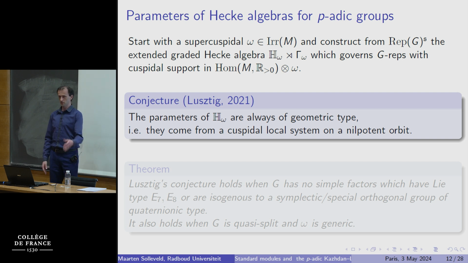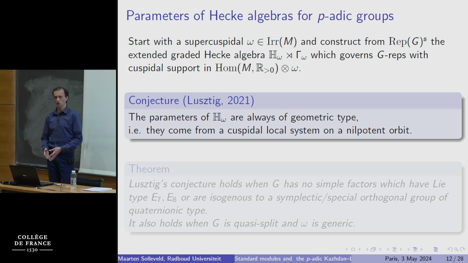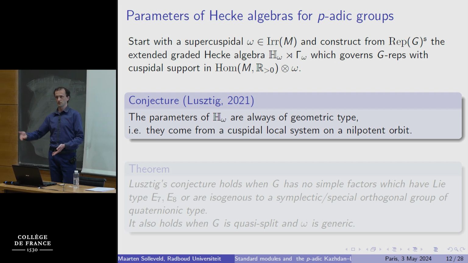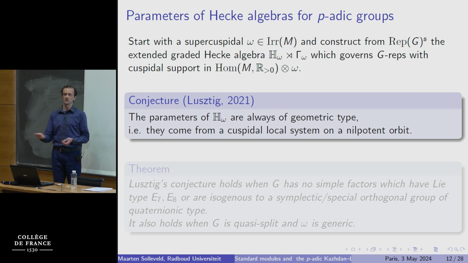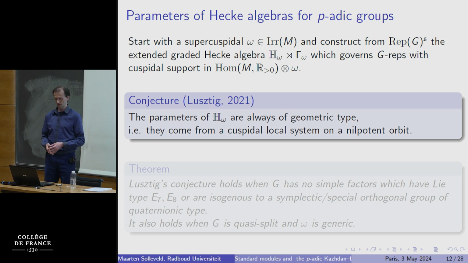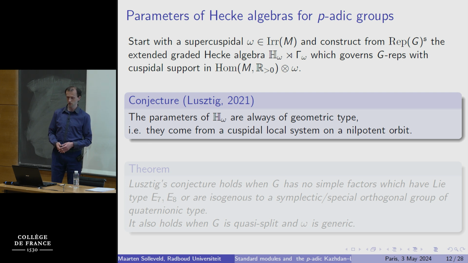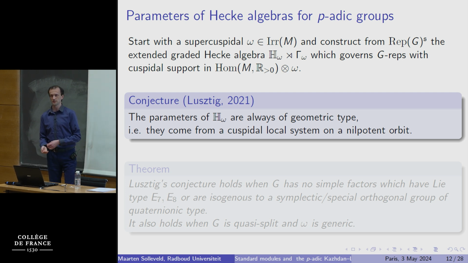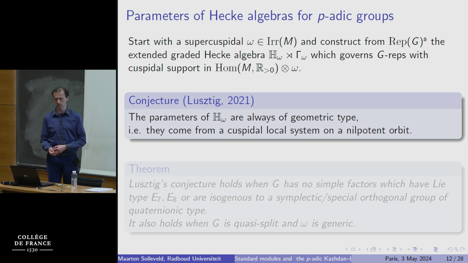Whatever reductive P-adic group you start with, whatever cuspidal support you start with, the graded Hecke algebra that you construct from it will always have parameters which you can also find in some way from complex algebraic geometry involving nilpotent orbits and local systems. And Lusztig did this motivated by his own investigations of unipotent representations.